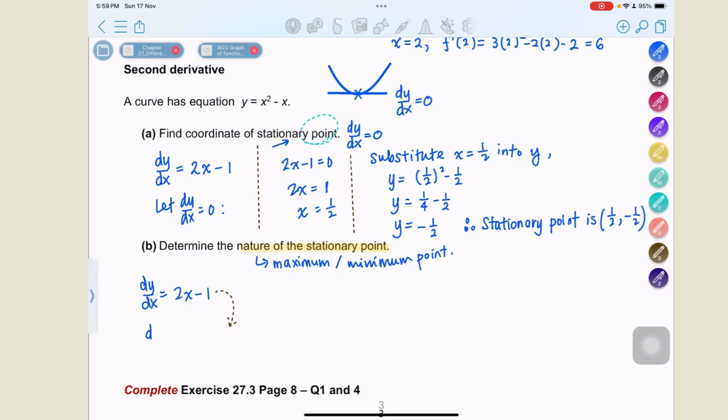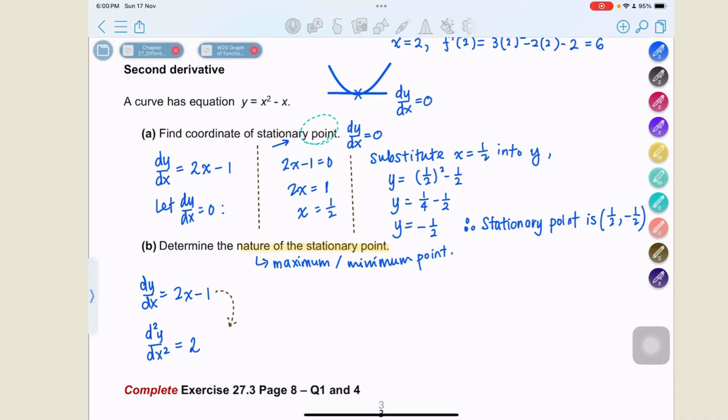The symbol is d2y over dx squared equals 2. I want you to refer to the notes on page 4. There they explain whether a positive second derivative is a minimum point or maximum point, but I will make a summary later on.